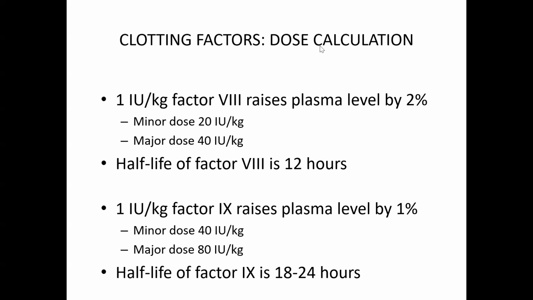So for a minor dose, to achieve a minor correction of a mucosal bleed, you want to give about 40 international units per kg, which will give you around 40 to 50%. Whereas for a major bleed, you'll give 80 international units per kg, and that will give you about 80 to 100% correction. The half-life of factor 9 is 18 to 24 hours.